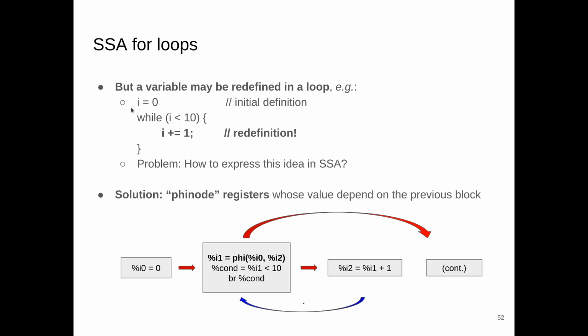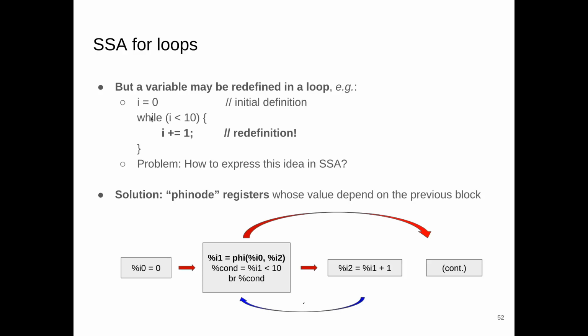Let's say it is meant to be a register instead of memory, because we are going to represent this program in SSA registers. It is initially 0, and in this while loop, it is checked whether i is less than 10, and if so, it is incremented and we go back to the loop head.